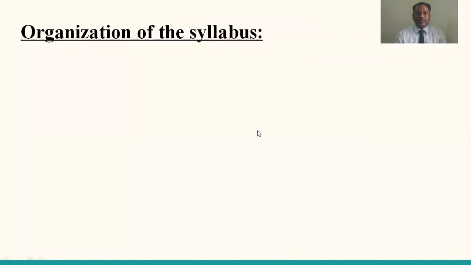So let's see the general organization of the syllabus. This subject deals with 5 units, as usual per the JNTU Anantapur academics. Every subject has 5 units in the R15 regulations.